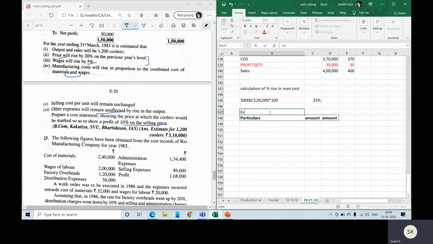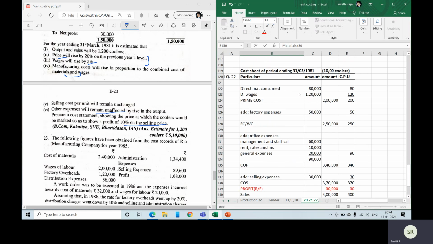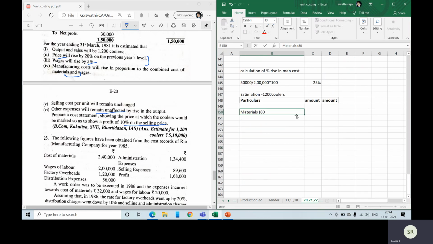Remember, this is for 1200 coolers. Materials, what is said? Per unit price of everything we have. So per unit price is, it's actually 80. If you see here, per unit cost of direct material consumed is 80. So 80 into 1200. So 80 into 1200 is 96,000.